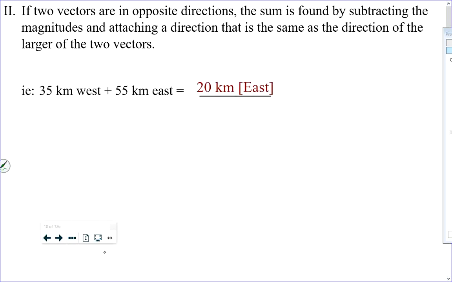And I label the direction as being whatever direction had the greater magnitude. Fair? Good? Okay. Again, something that is not really elevating us to a high school level. If you said to a grade 5 student, a drone travels 55 kilometers east, then 35 kilometers west, I think as long as they could read and understand the words, they would know what the answer would be.